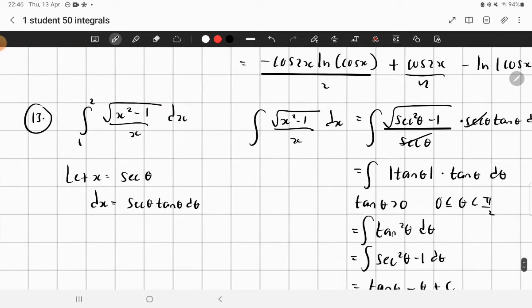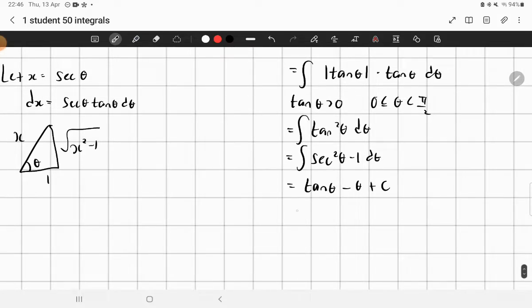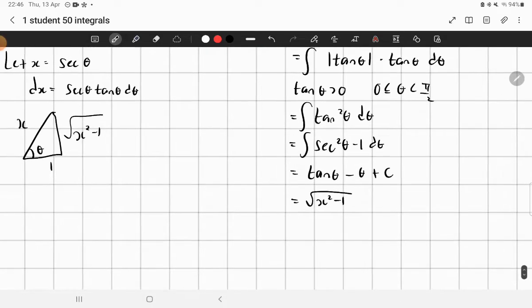We can express tangent theta by referring to our triangle here: the hypotenuse is x, the opposite side is the square root of x squared minus 1, and the adjacent is 1. So tangent theta is the square root of x squared minus 1, and theta is the arcsecant of x.